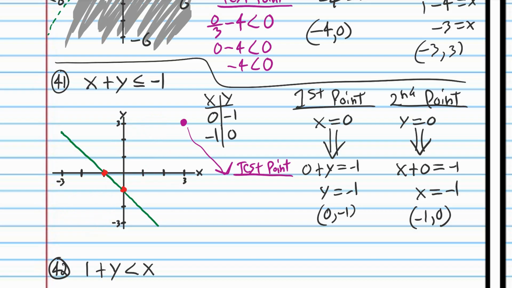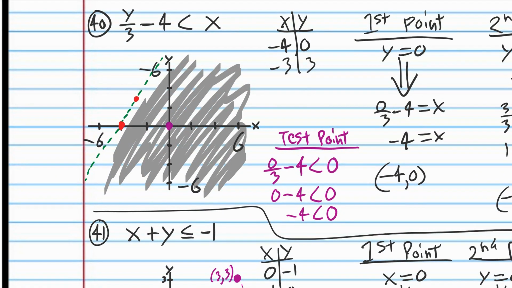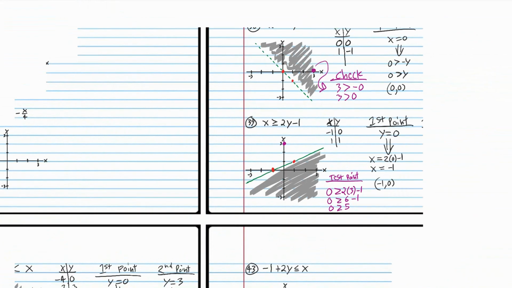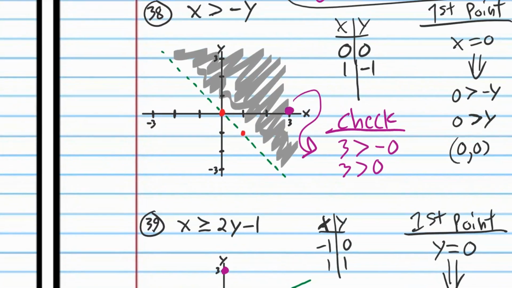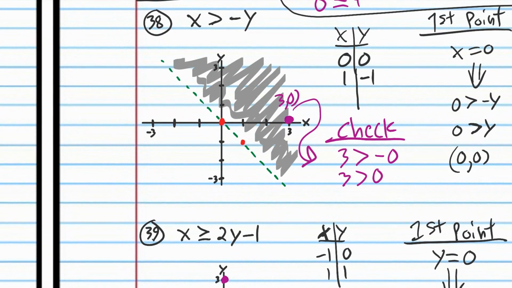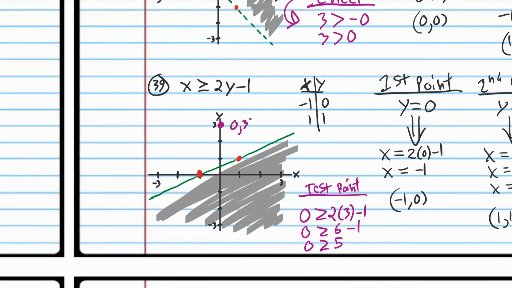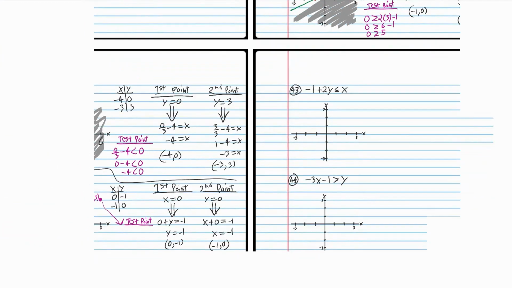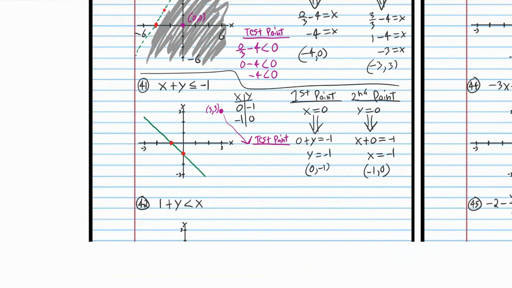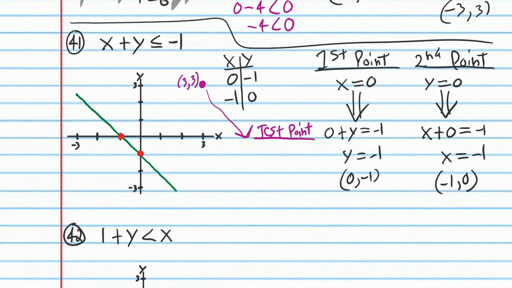So that point is 3, 3. And I should probably put the points that I'm testing here. 0, 0. So this point was 3, 0. And this point was 0, 3. So 3, 3. So let's test that.